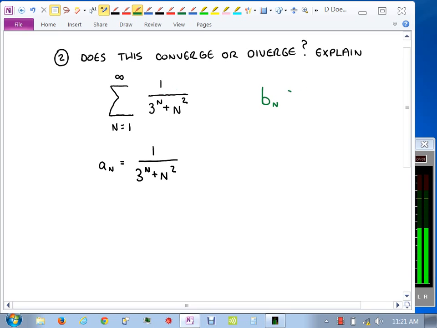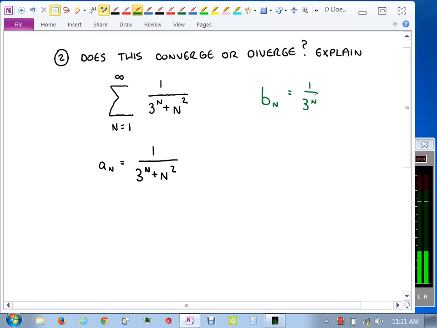Some people chose 1 over 3 to the n, which would be what type of series if I add those up? Geometric. The exponent is the n, right? That's geometric. R being what? 1/3.